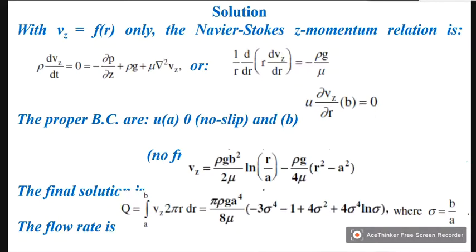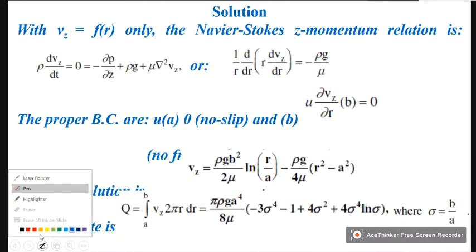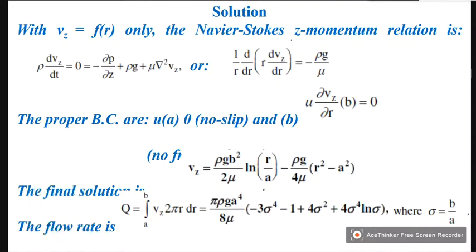So here I have given the solution. This is the jet momentum equation. And because it is a steady flow, the entire left hand side is 0 and this is the right hand side.